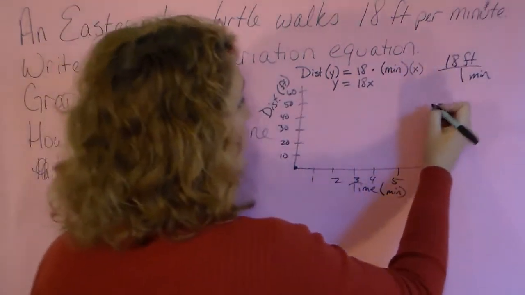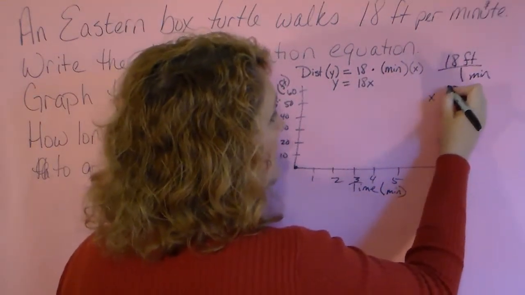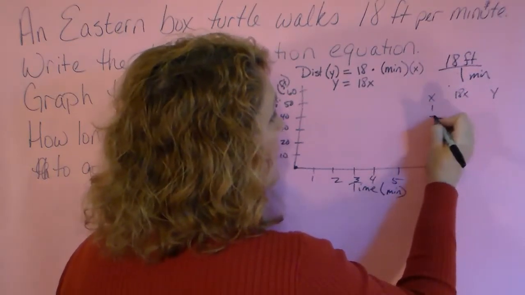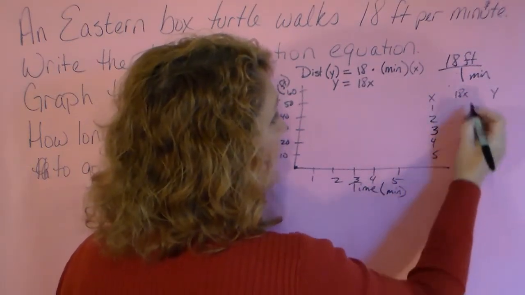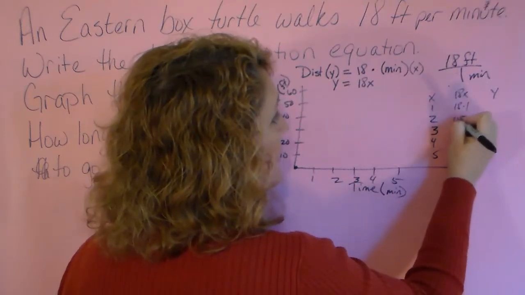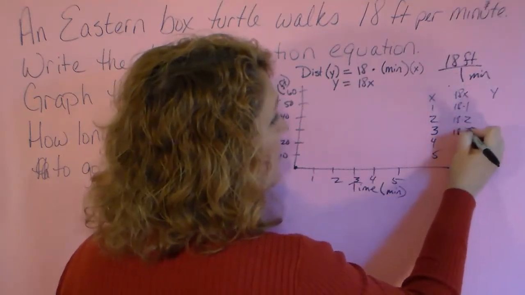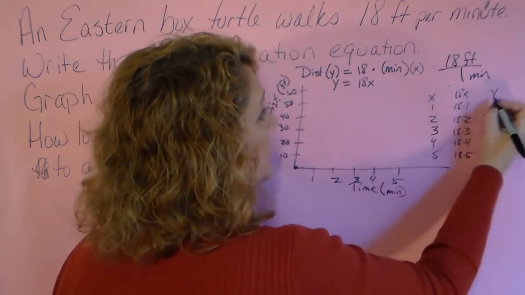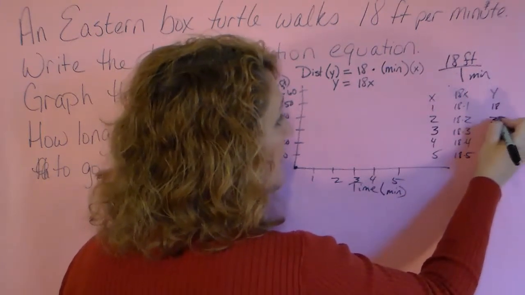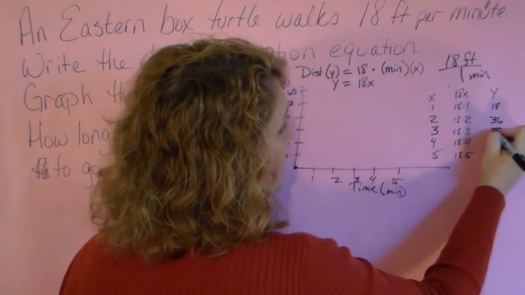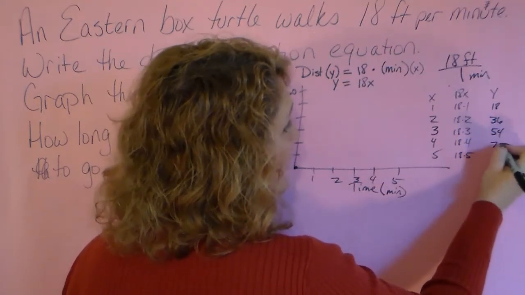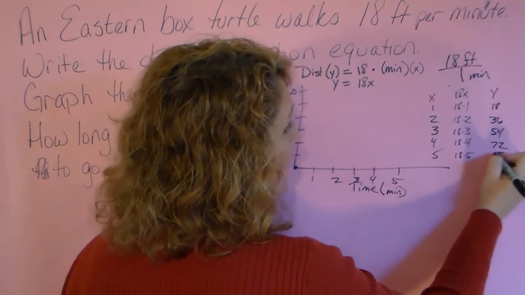so let's make our data table. X, 18x, y. 1, 2, 3, 4, 5. 18 times 1, 2, 18, 36, 54, 72, 90.